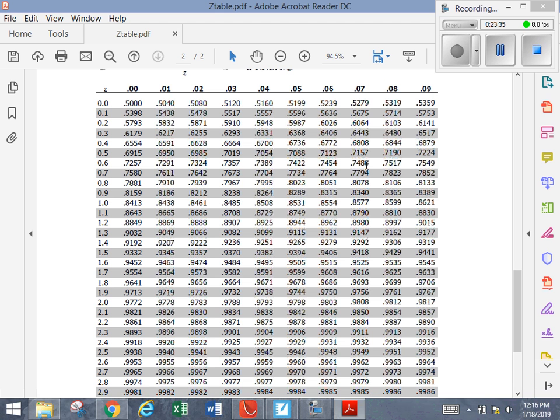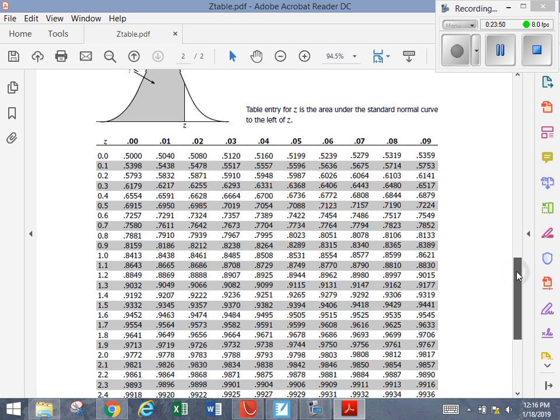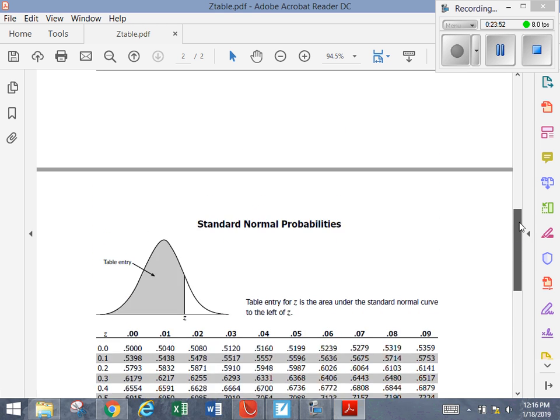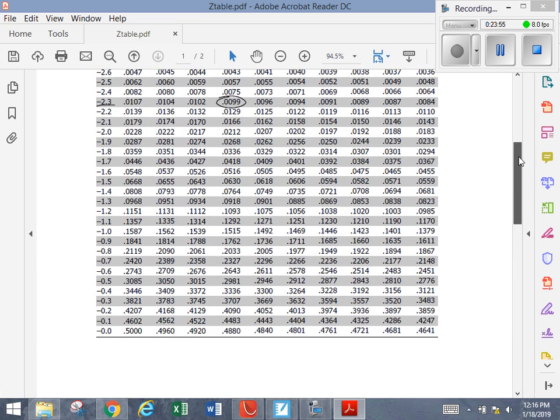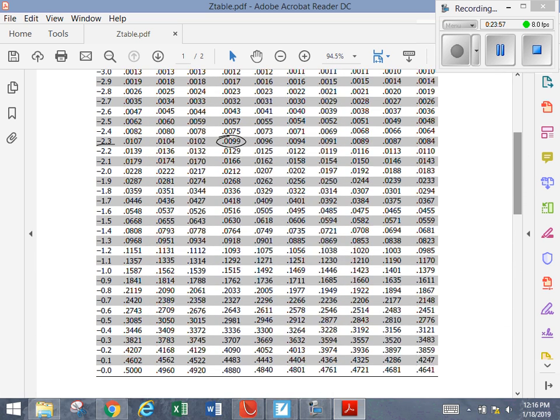What you would do is go inside this table and try to find the value that's closest to 0.01. Those are all much larger, 50% at the top. As we go up on this table, our values get smaller and smaller.